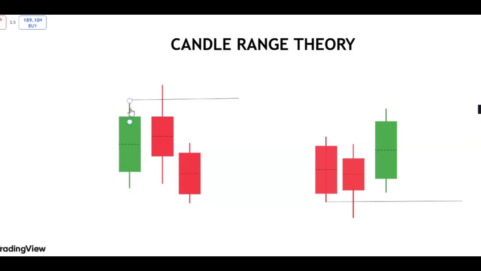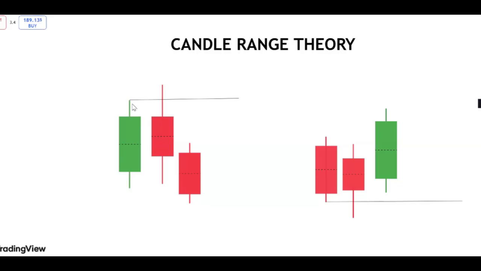Now, the first thing is to mark the highest point of the last candlestick. That is the first thing. And by the way, this has to go in line with your higher time frame analysis. For me, if price is trending bullish, I would love to see these setups as continuation patterns, right?